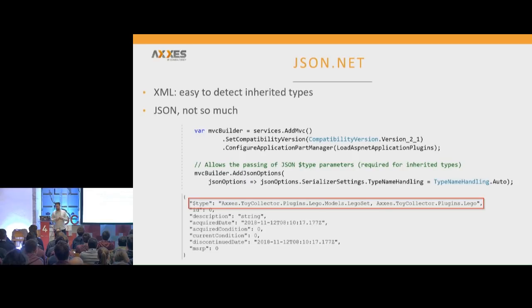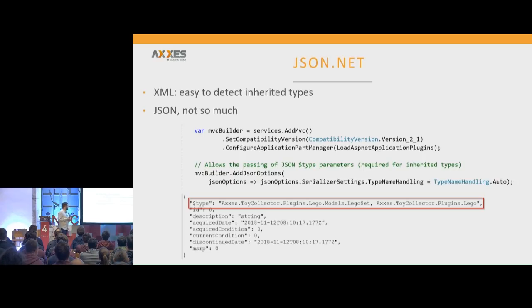And with XML, it's really easy. If I want to post a Lego set to a service, that's really going to be easy to do, because I start my XML document with a Lego set tag, and I use all the Lego set properties, and then I will close it with a Lego set tag again, and my deserializer will know what to do, because it has loaded that type into memory.